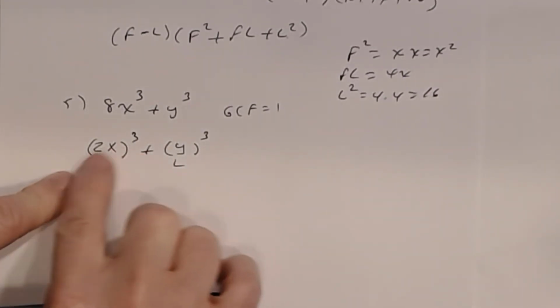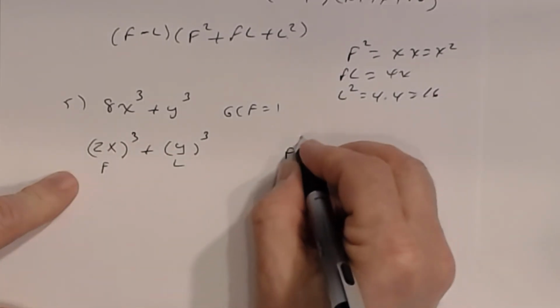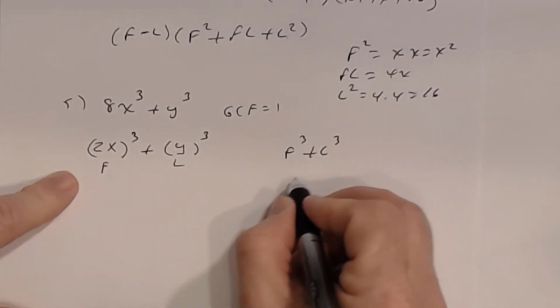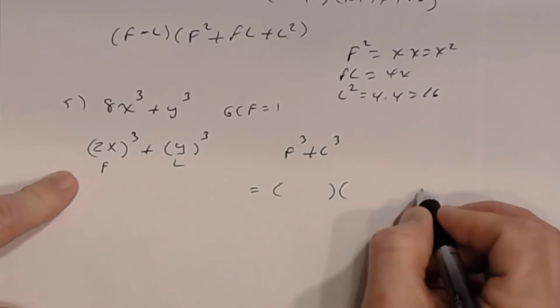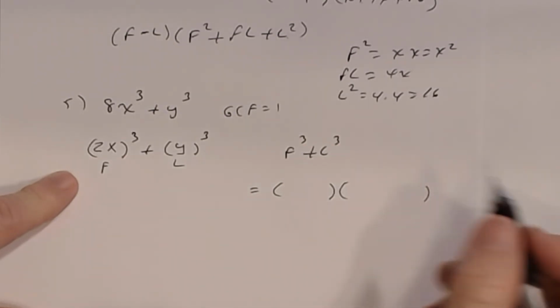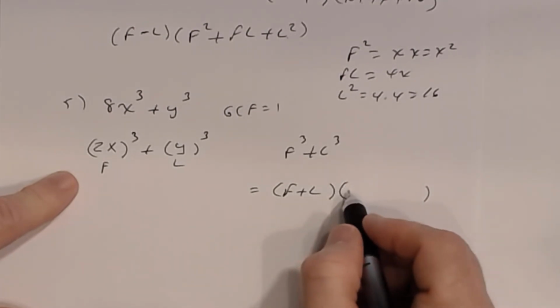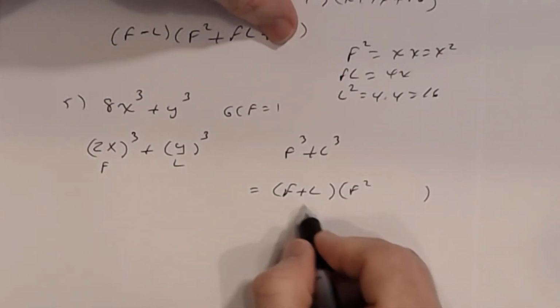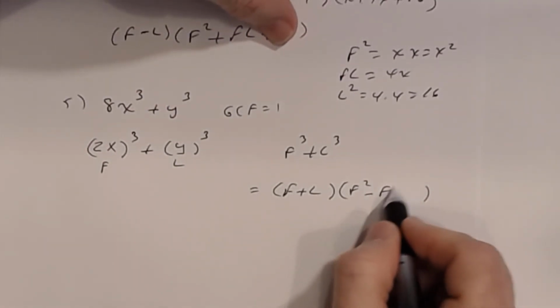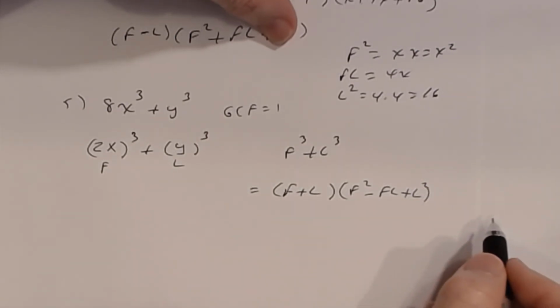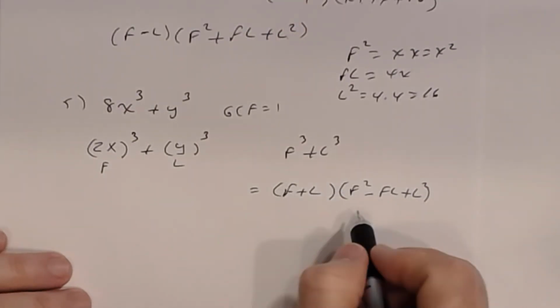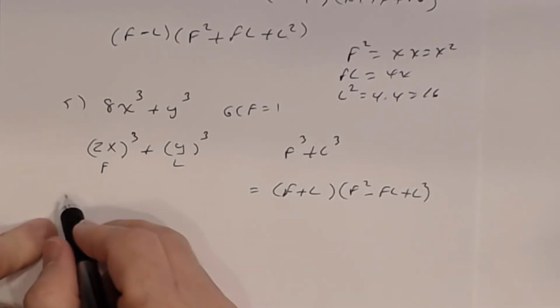And remember, for the sum of two cubes, the formula is a binomial times a trinomial. The binomial is F plus L, and the trinomial would be F squared, remember you change the sign now, minus FL plus L squared. So there's your formula for the sum of two cubes. Now let's write down the answer.